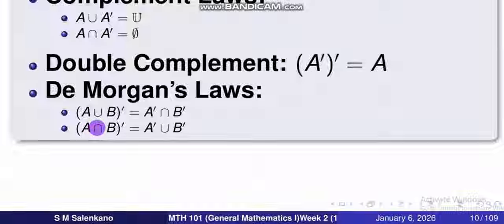Similarly, if I begin with the intersection, A intersection B, then the complement, the output will be identical to A complement union B complement. You see, everything is changing to opposite. The opposite of A is A complement, the opposite of B is B complement, the opposite of intersection is union.